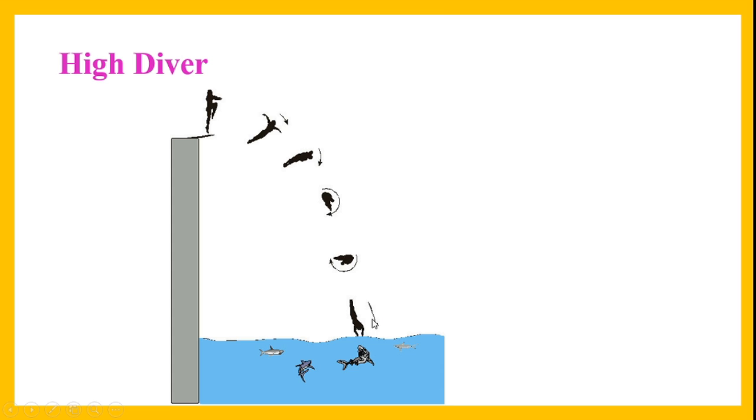Before she reaches the water surface, again she increases her moment of inertia by stretching her body, so that her angular velocity reduces and she can land in a correct way.